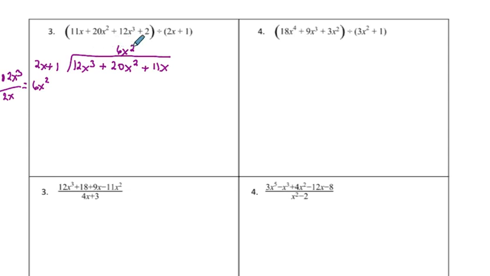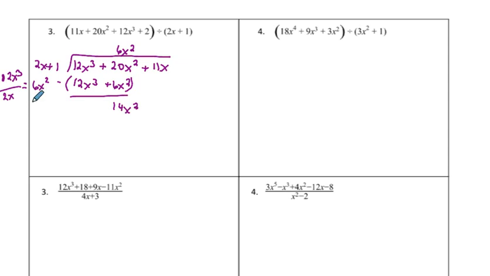That'll give us, of course, 12x cubed when we multiply it through, plus 6x squared. And then very important, we've got to remember we are subtracting all of this here. So 20 minus 6 gives us 14x squared.